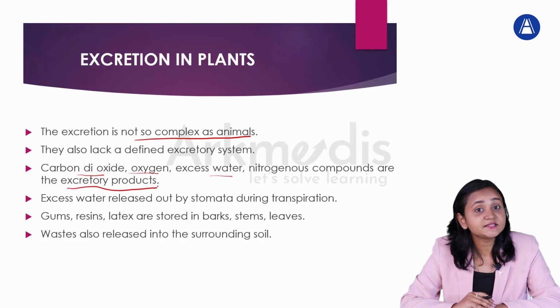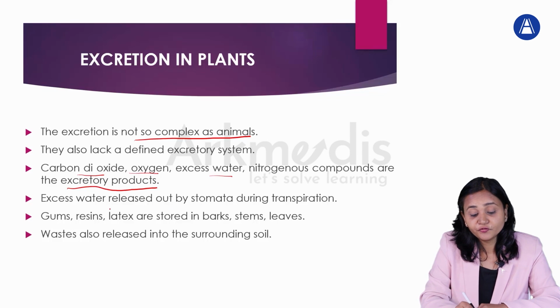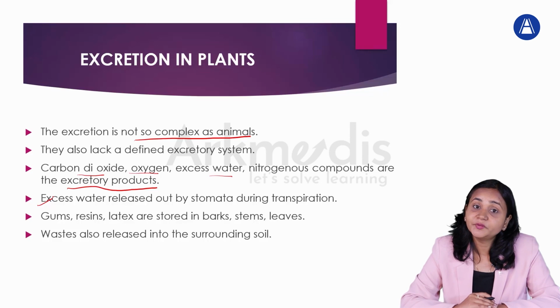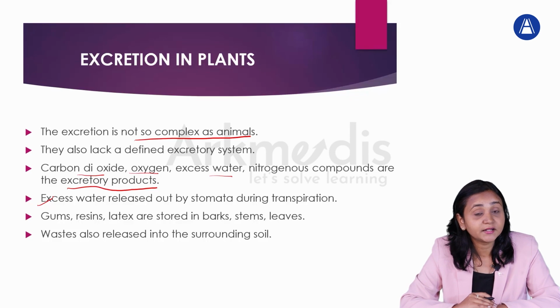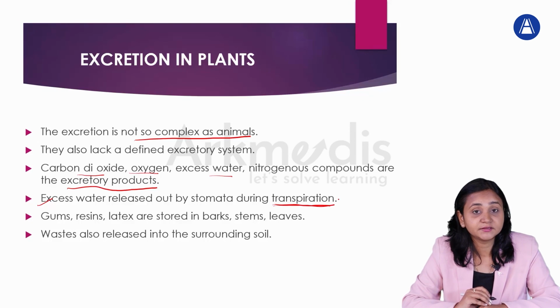Now, the plants have also developed certain mechanisms to release these excretory products. What are those? The excess amount of water is generally released from the plant with the help of stomata by the process of transpiration. This is one of the methods.